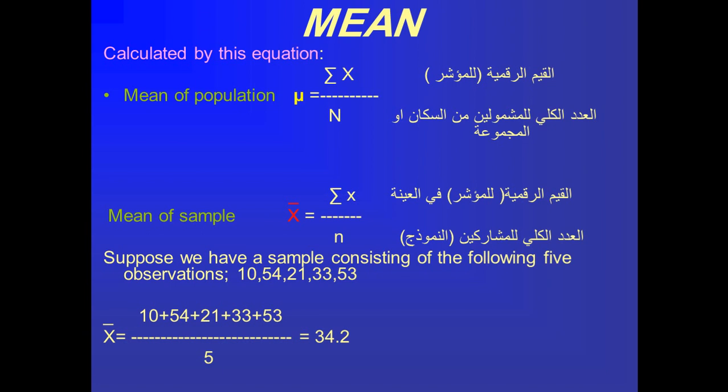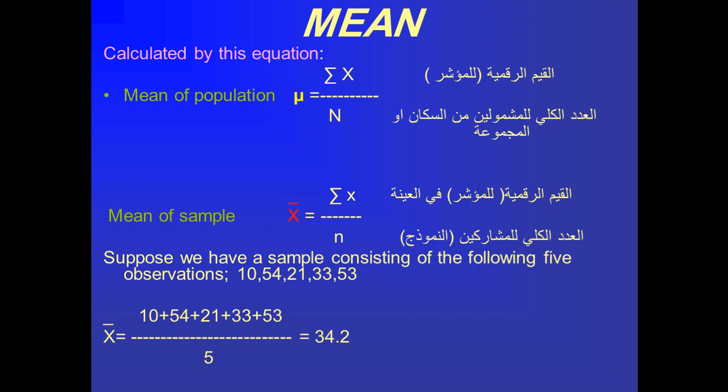While the mean of a sample means the mean of that sample only, so it is the summation of the total numbers of that sample over the counted number. So this is what we call the mean of a sample.